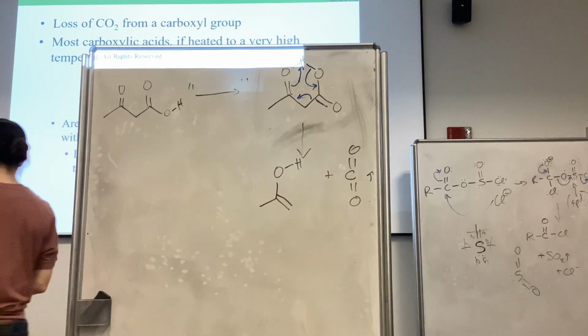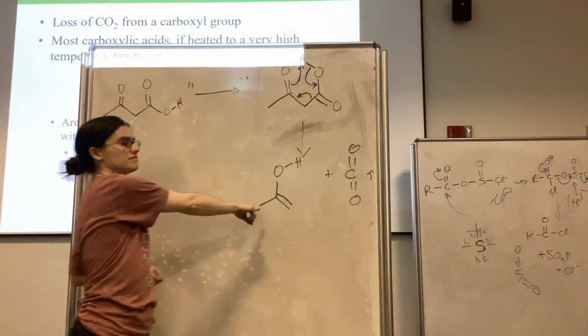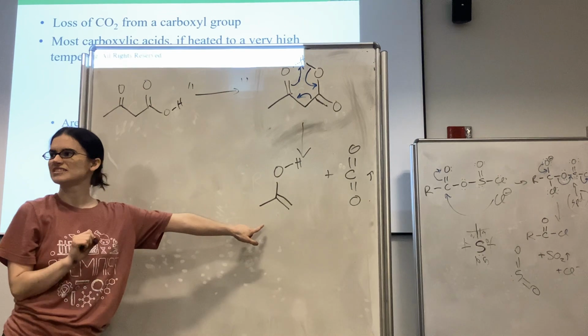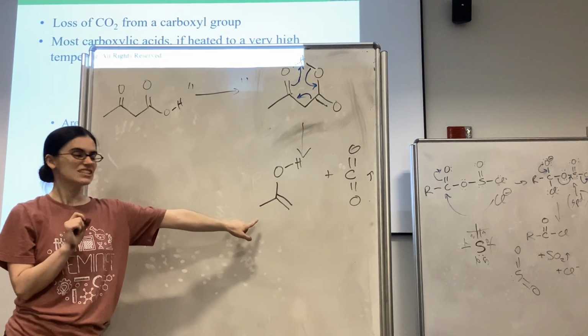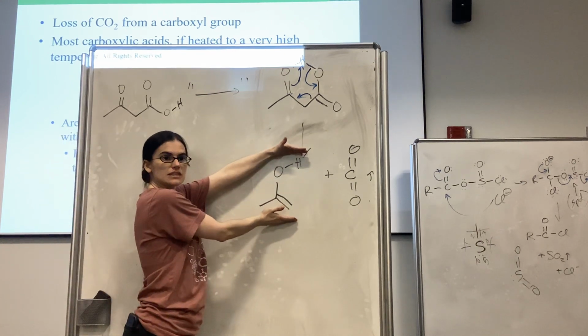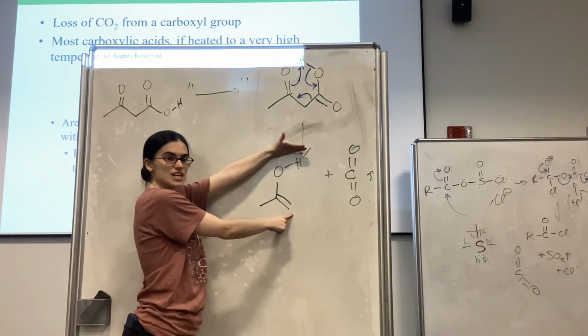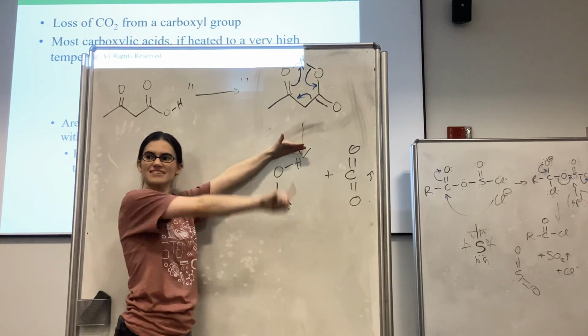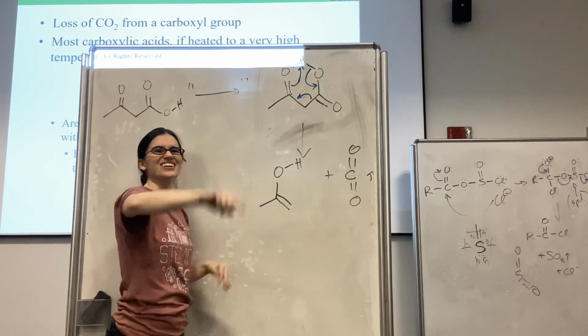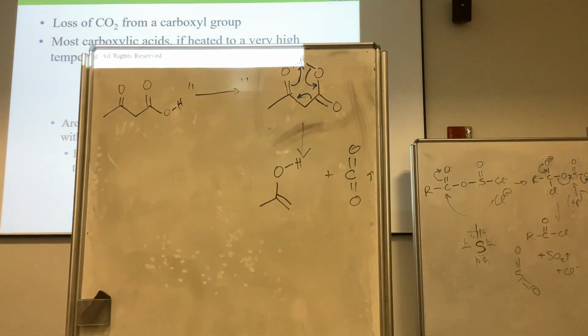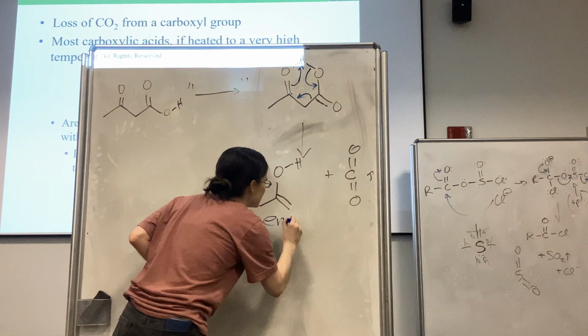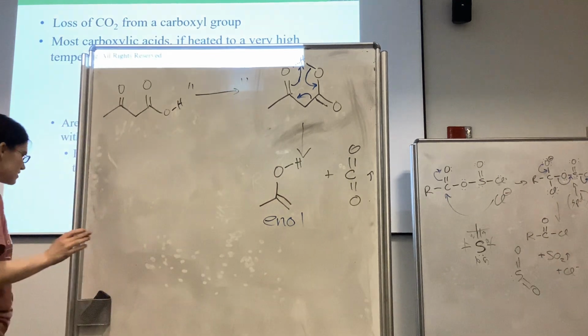What does this look like? This guy? Not anymore, right? Because that's not an oxygen. So this has two functional groups, enol, en and ol. It's an alkene and an alcohol, yeah. So we have an enol, right? Oops, we formed an enol.